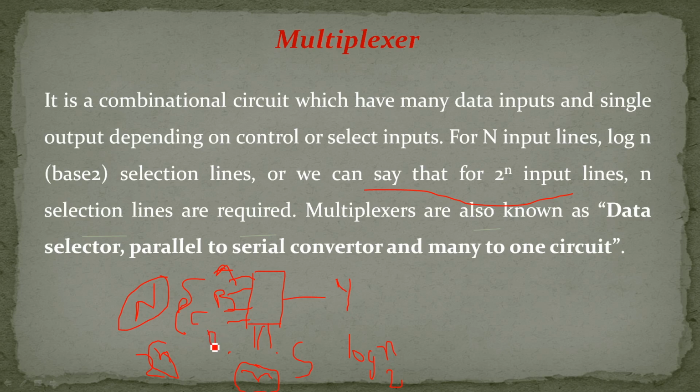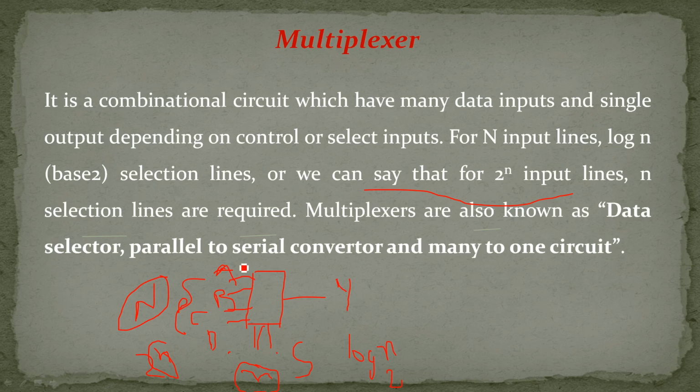Every time, one input is connected. One time it is connected to A and transfers A's information to the output, another time to B, another time to C. So it is called a data selector.